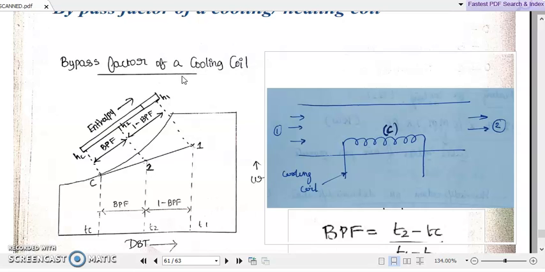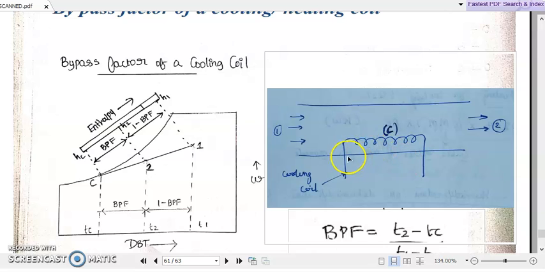In the previous session, we discussed how we can represent the various psychrometry process. In that, we discussed sensible heating, sensible cooling, heating and humidification, cooling and dehumidification, like that.